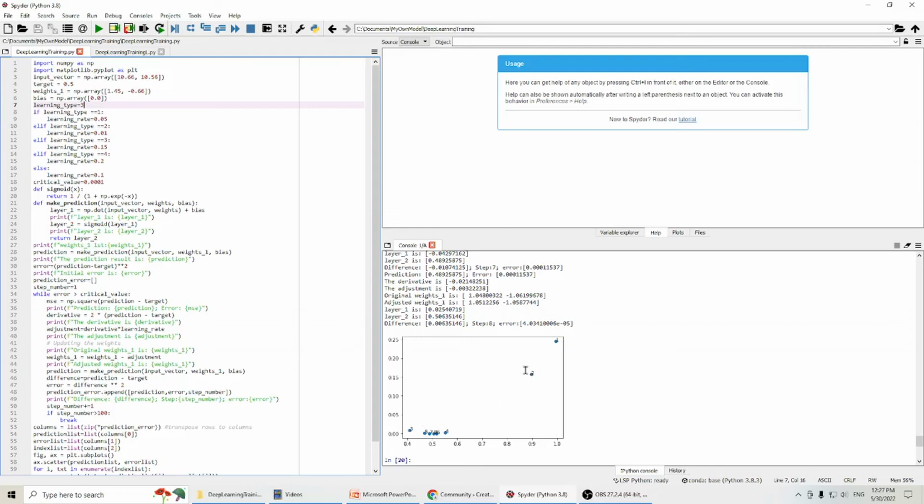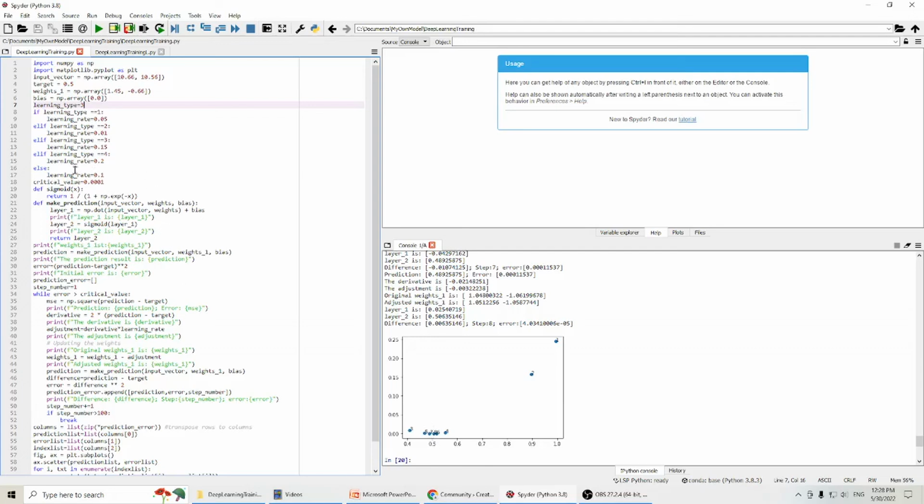This is what I talked about. If you change the parameter too much, the result will oscillate around the target. You see 3 is on this side, 4 is on this side, 5 is on this side, if you compare with our target 0.5.